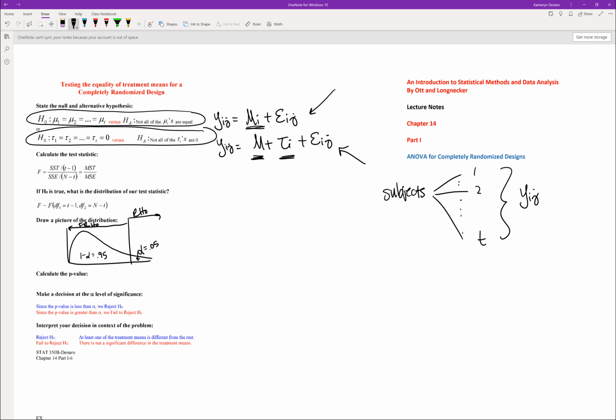Now, real quickly, there is absolutely nothing special about 0.05. Just because your alpha level or your p-value is 0.049999 or 0.050001, there's not anything special about 0.05. But at the end of the day, we need some value to determine when we think that the treatments are different enough to say that they're different.